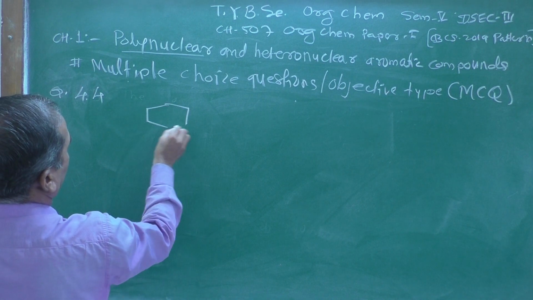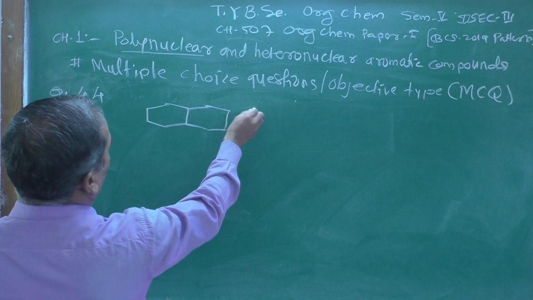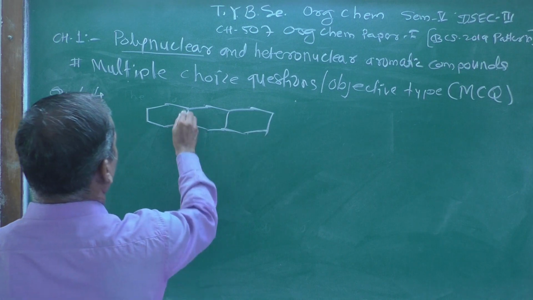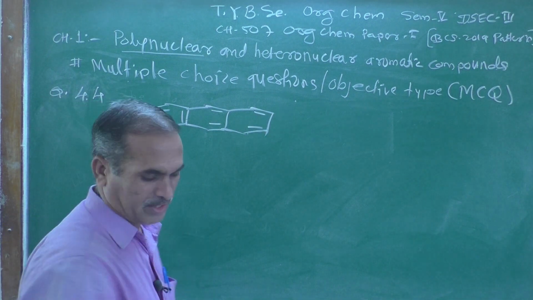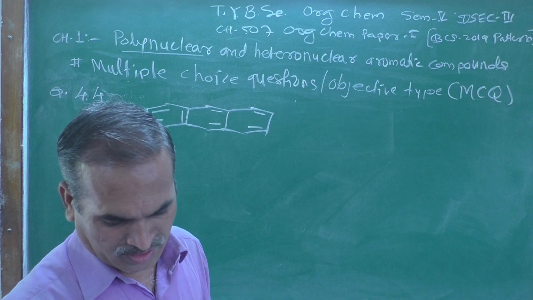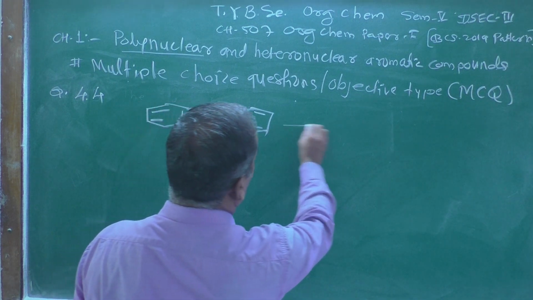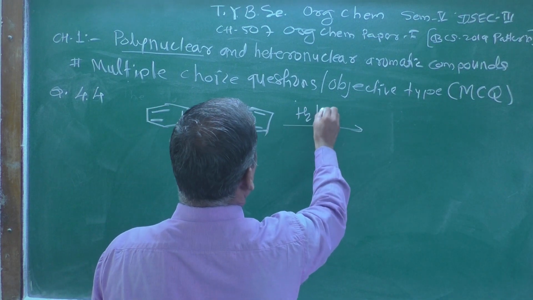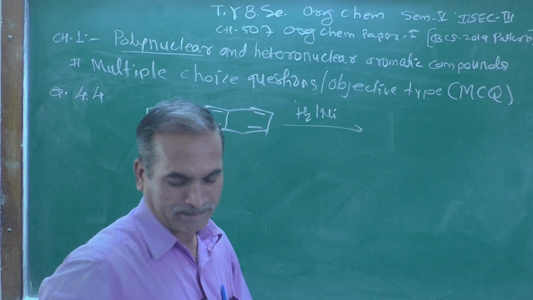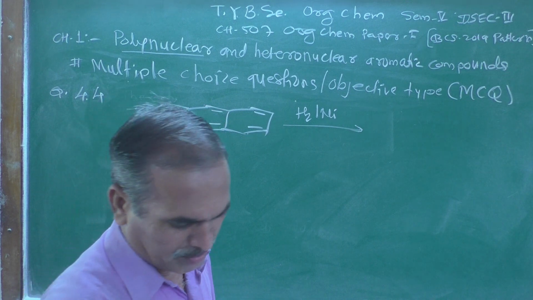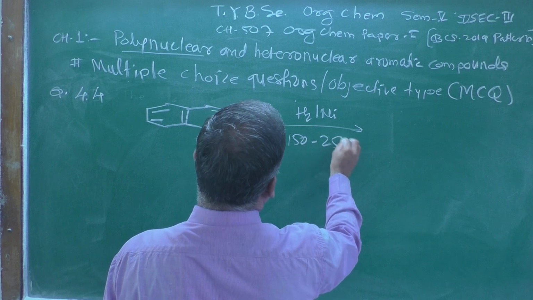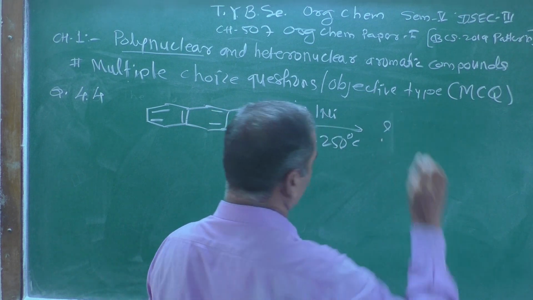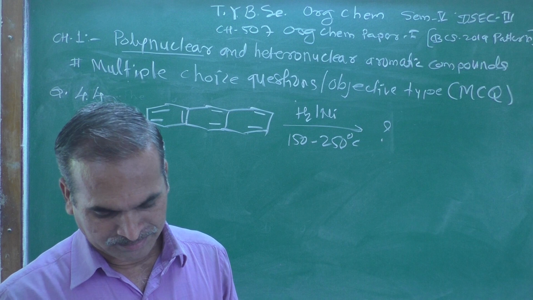This is the structure, as we know, the linearly fused structure of naphthalene, and on the arrow is H2 in presence of nickel, with the temperature kept around 150 to 250 degrees centigrade, and there is a question mark.